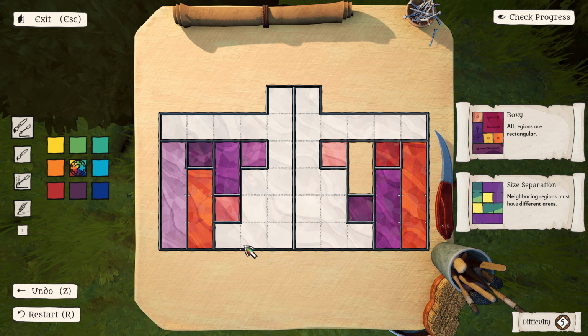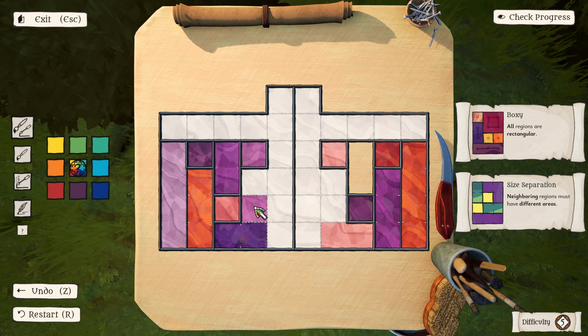I do not see. This cannot be a 1, must come out. This cannot be a 1, must come out. This cannot be a 1. This cannot be a 1 or a 2.